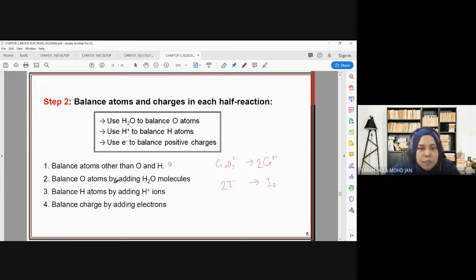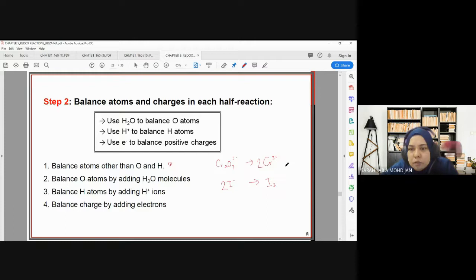The next step is to balance the O ni oxygen atom, by adding H2O molecule. So you have to add H2O in this equation depending on your oxygen tu. Okay, you tengok yang first half reaction here. So you ada Cr2O7, 2 negative. Yang ni Cr3 plus.